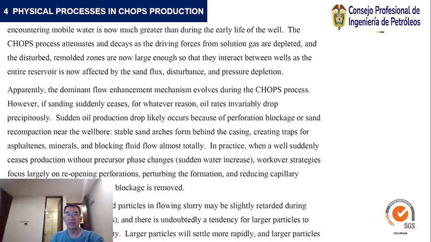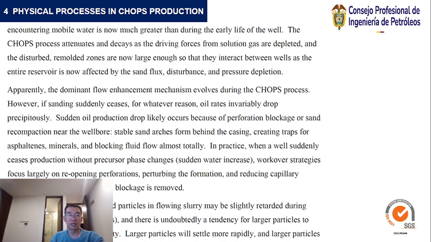In practice, when a well suddenly ceases production without pressure or phase changes, workover strategy focuses largely on reopening perforations, perturbing the formation, and reducing capillary effects so that the cause of the blockage is removed.